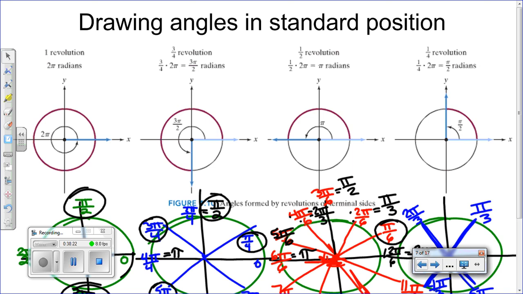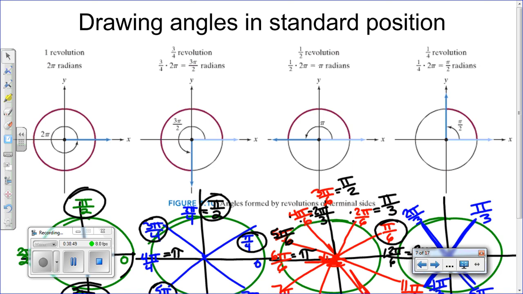What would that be in radians? 180 degrees, but in radians? Pi radians. What about a quarter revolution? Pi over 2, not pi 2, pi over 2 radians. What about 3/4 of a revolution? 3 pi over 2, very good.